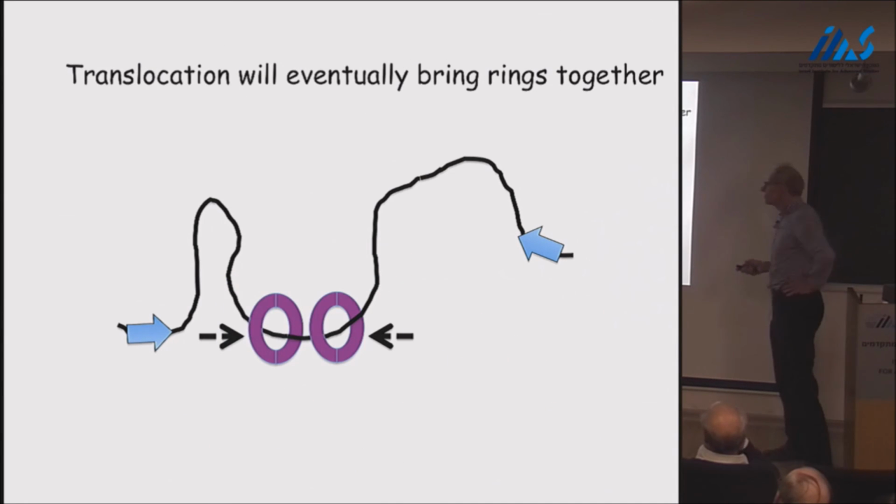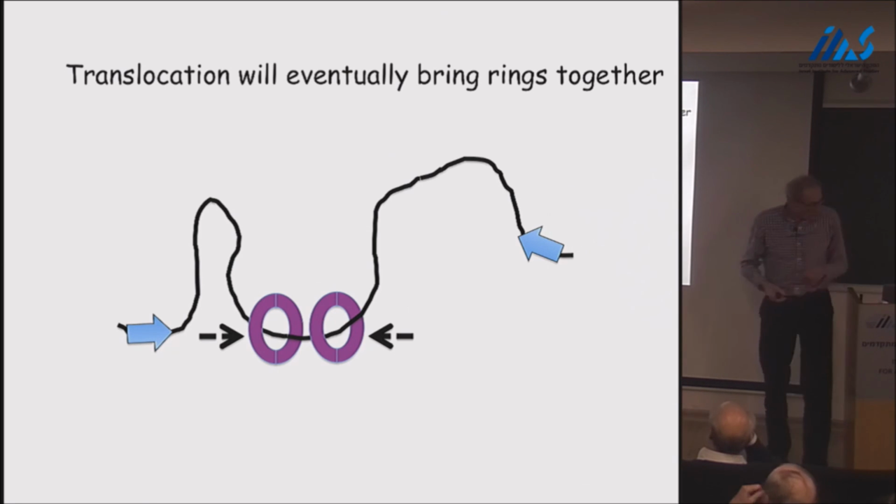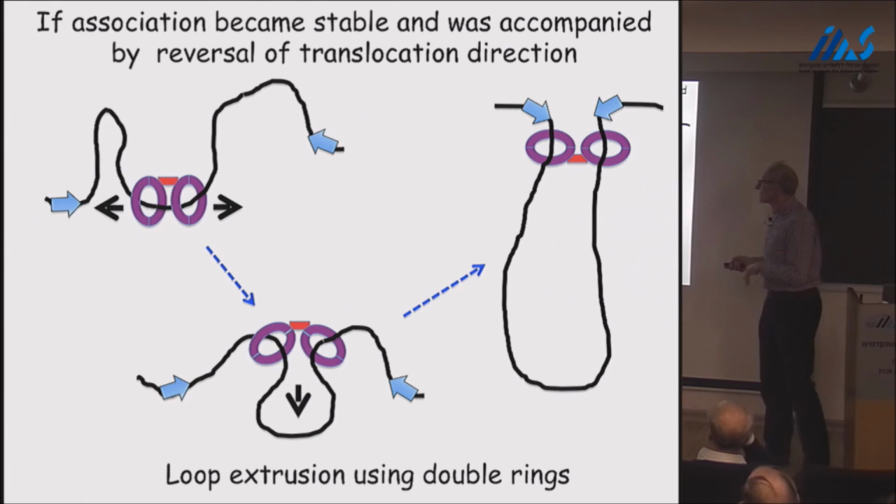What if you have two rings that started translocating down the chromosome and bumped into each other? At that point something happens, they hold on to each other, but then they start translocating in the opposite direction, and they would end up extruding a loop through a pair of rings like this. This is just a hypothesis.